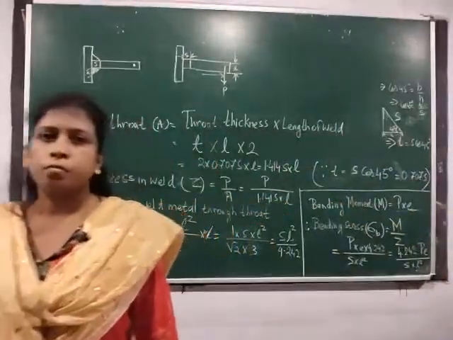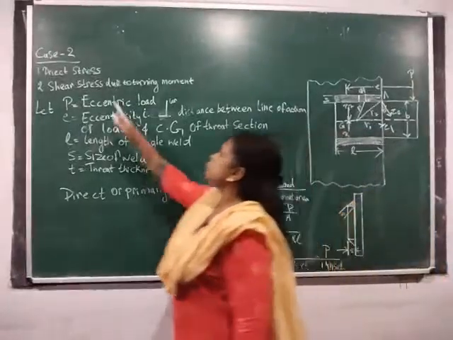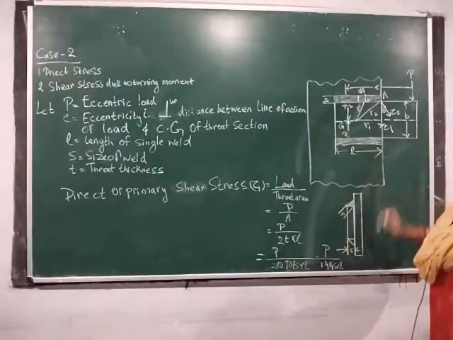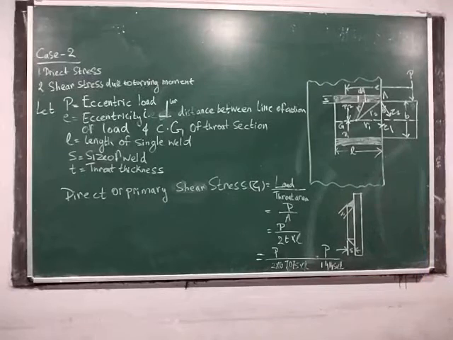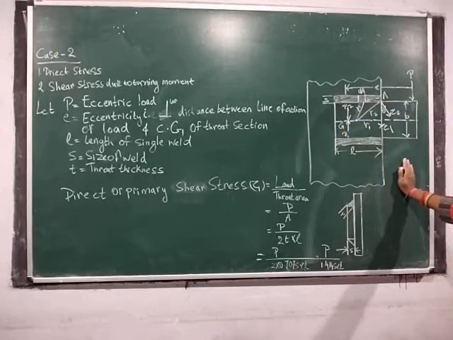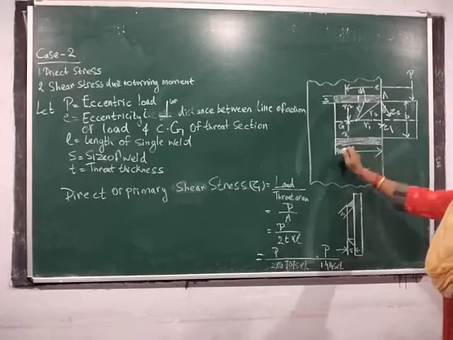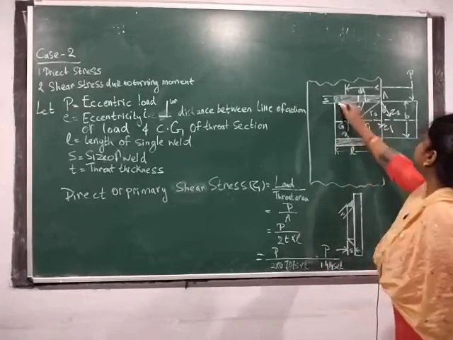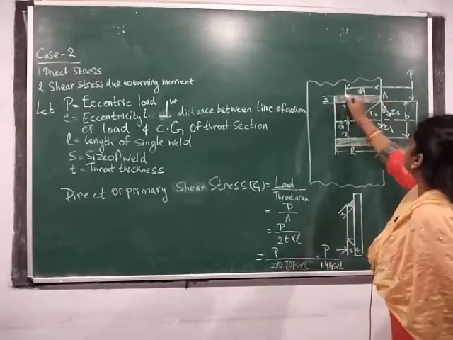Next, this is case 2, and here we have another drawing of a lap joint. Here you can see this is a diagram of a welded joint. It has a length L of weld on both sides.